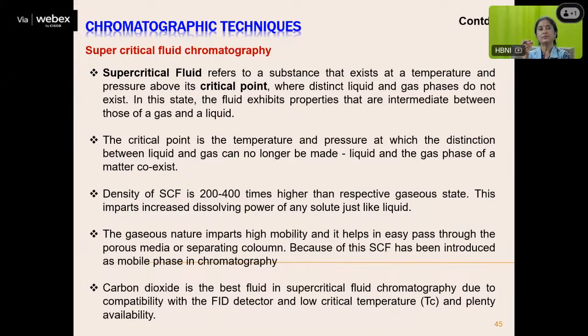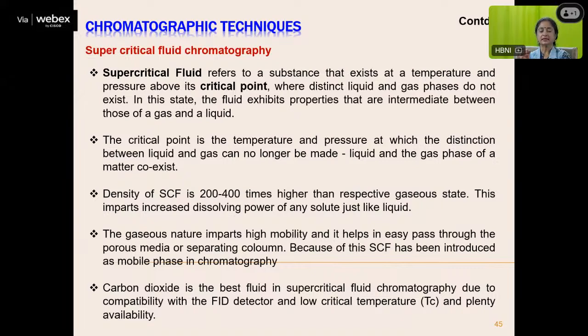What is the critical point? It is the temperature and pressure at which the distinction between liquid and gas can no longer be made, and the liquid and the gas phase of a matter coexist. The density of supercritical fluids is normally 200 to 400 times higher than the respective gaseous states, and that is why they impart increased dissolving power for any solute, just like a liquid.